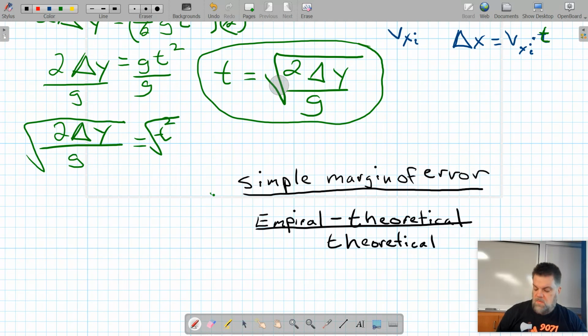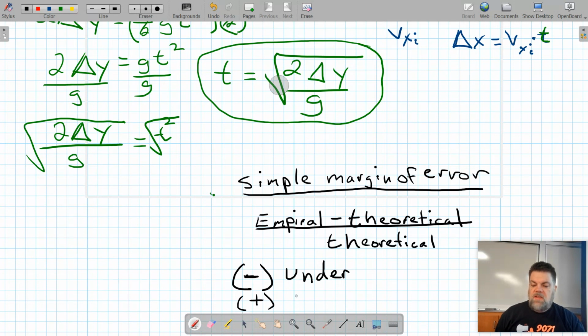And one other thing is that if your simple margin of error is a negative value, you are under. Because sometimes kids will get confused and flip flop the numerator. Sometimes they'll say theoretical minus empirical, and then if you have a positive one, you're over.